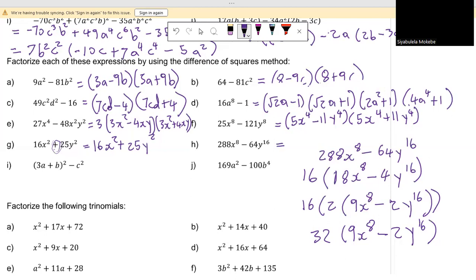From there, we can see that this looks like a square, and that's a square. So let's start.